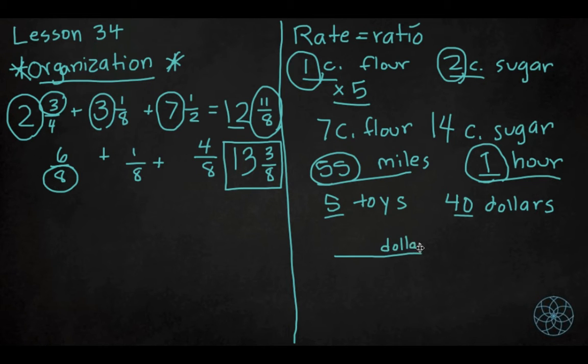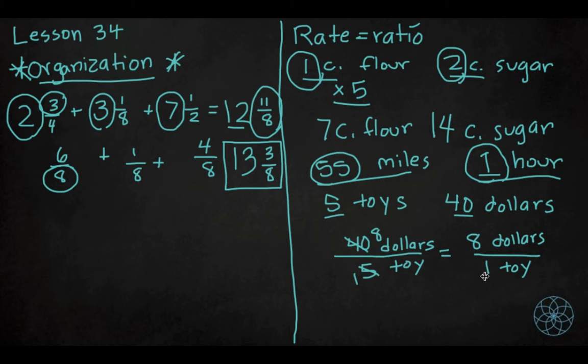Whatever you say first goes on top, dollars per toy. Well, how many dollars did he spend? $40. How many toys did he buy? 5 toys. Now, can we simplify this a little bit? Yes, we can reduce that a little bit. 40 divided by 5 is 8. 5 divided by 5 is 1. So we can say $8 for 1 toy.